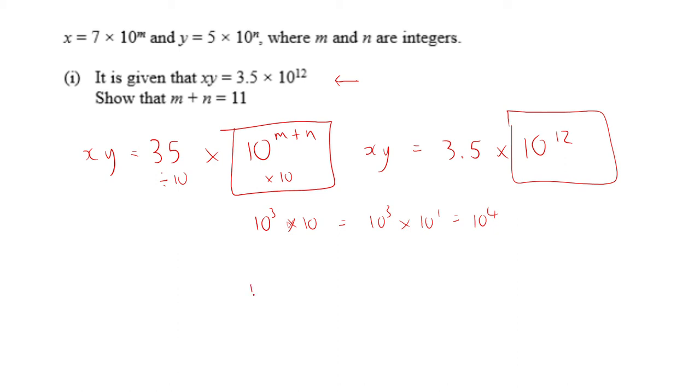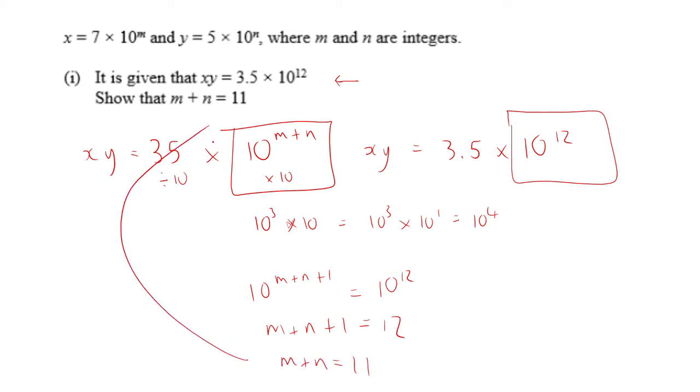So when they have 10 to the power of m plus n plus 1, that's given them 10 to the 12, which tells us that m plus n plus 1 equals 12, and therefore we've shown by minusing 1 from both sides that m plus n equals 11. So we've shown that for part 1.